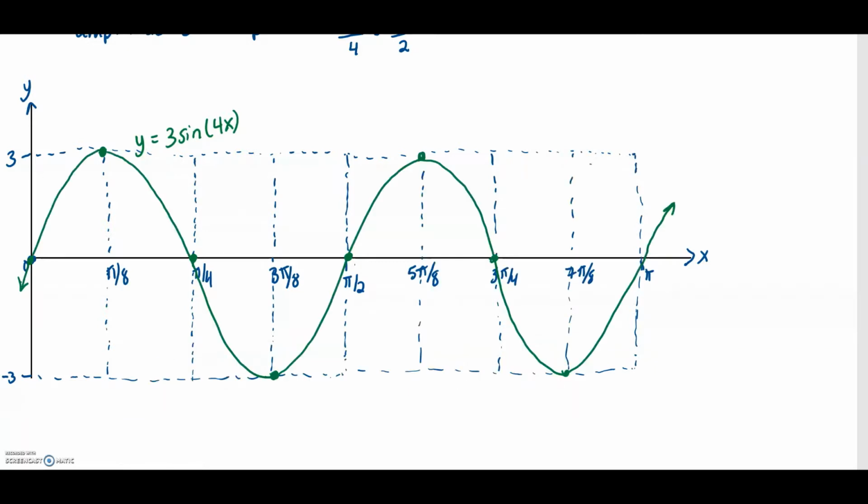It's pretty normal for students to have a hard time dealing with fractions in terms of pi and how to denote them on our graph. So just to show how I landed at each of these intervals, I'm going to show the subdivisions. We know in this example that one period occurs at pi over 2. So within pi over 2, we have one full cycle of our function.